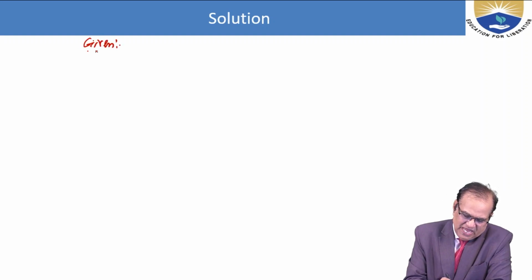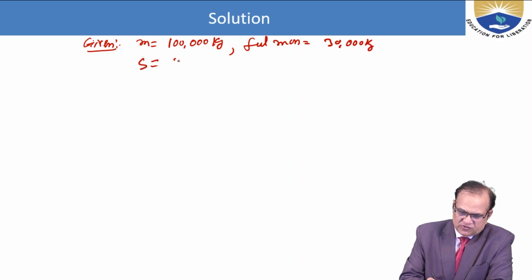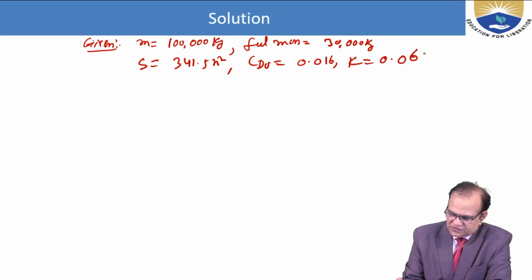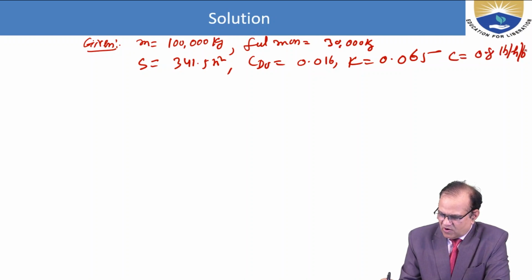So in this given, M is equal to 100,000 kg, fuel mass 30,000 kg, area S is equal to 341.5 meter square, CD naught is equal to 0.016, K is equal to 0.065, and C is equal to 0.8 pound per hour per pound.